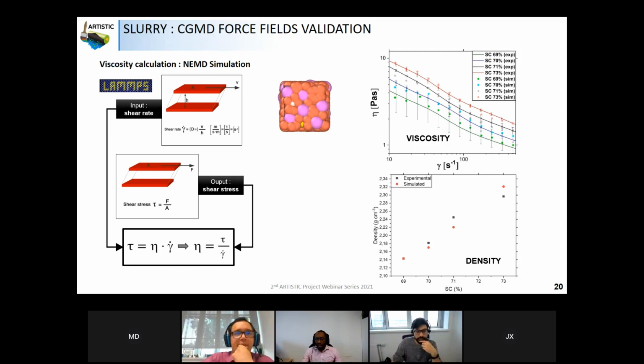So I think in the model we can change according to the composition. You will have a different volume of the solvent in the CBD, if I can explain that, because in this model the solvent is inside the CBD. So if we change the solid content, we change the size of the CBD.